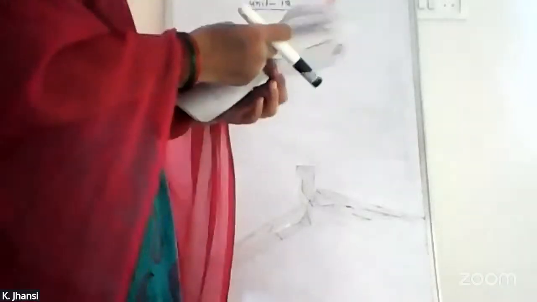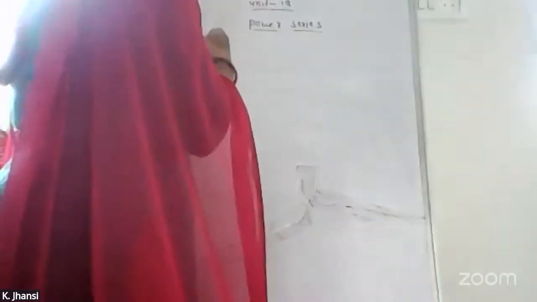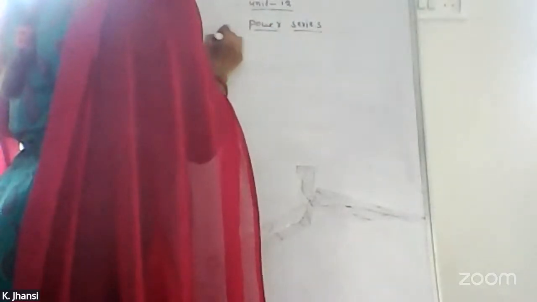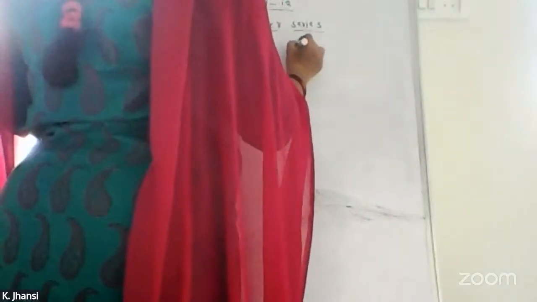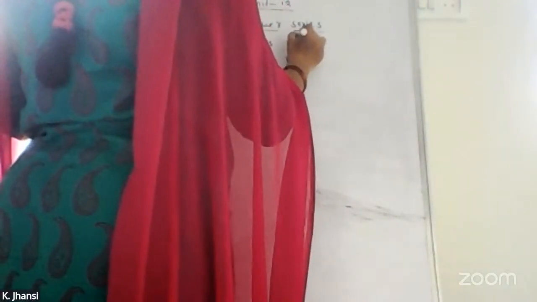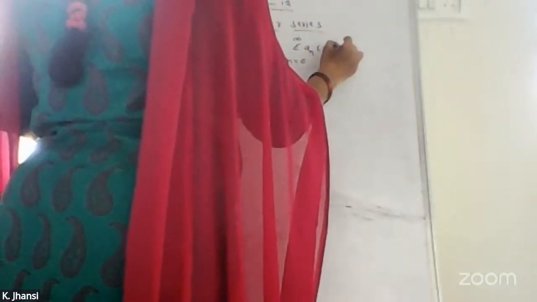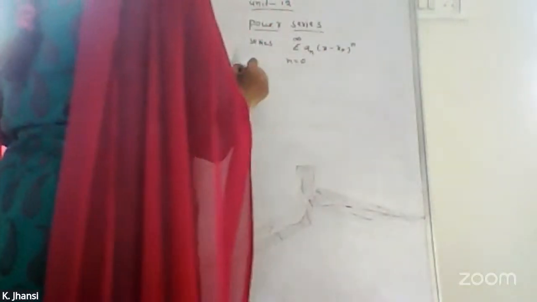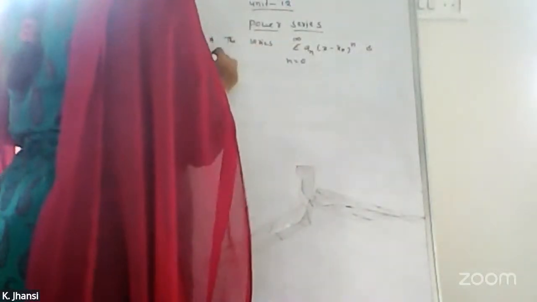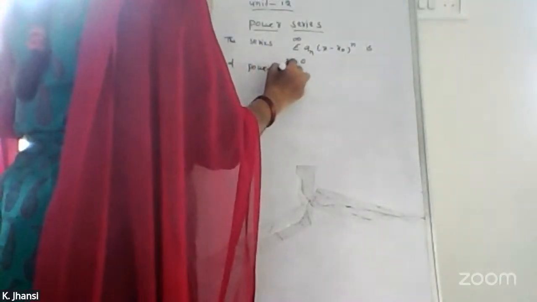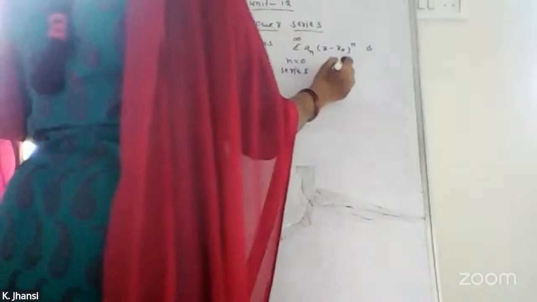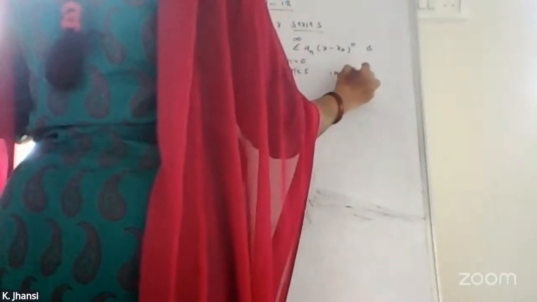So the series which is in the form of summation n equals to 0 to infinity an x minus x naught to the power of n is called power series in x minus x naught.